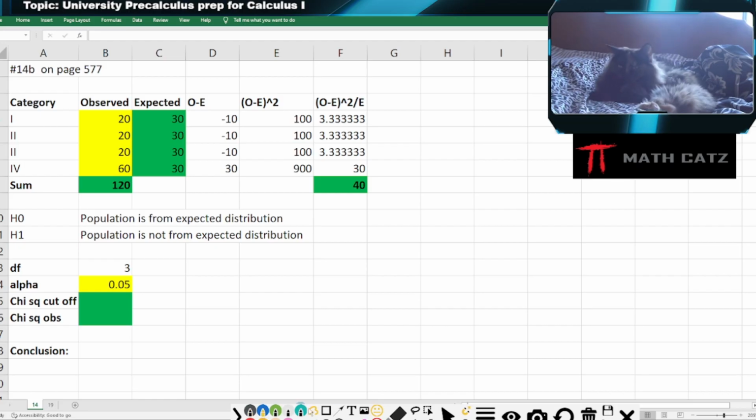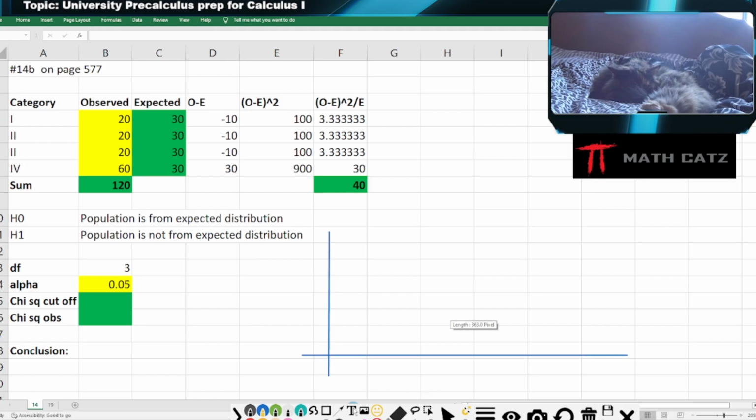before we continue. Is my pen big enough? Let's see some lines here. Straight line here. Straight line there. And then let's go blue still. So we have our chi-square distribution. Now we want to see where is this cutoff so that the tail on the right is 5%.